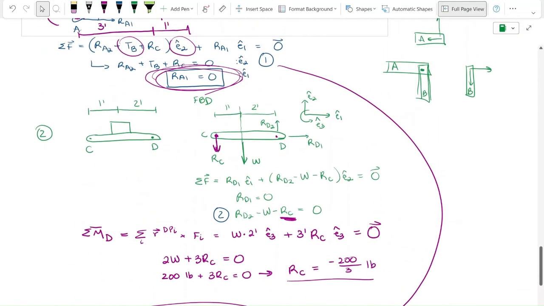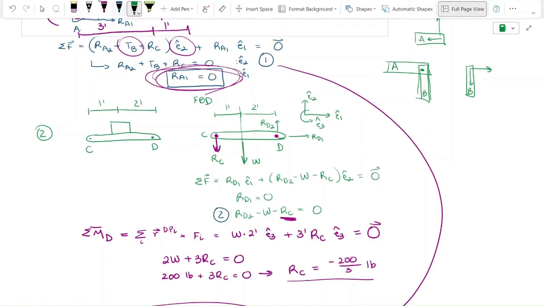So in this case, we decided to take the moment about point D because we don't really care about point D, but we are given point W, which we can use to find the reaction force at C. Because it's a moment about point D, we don't consider the forces at point D, because the lever arm is then 0.